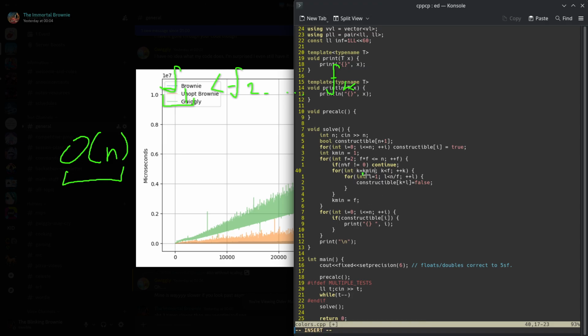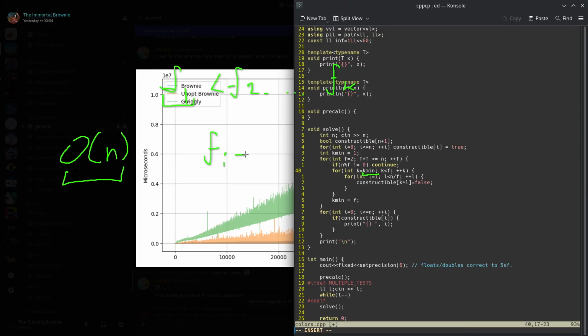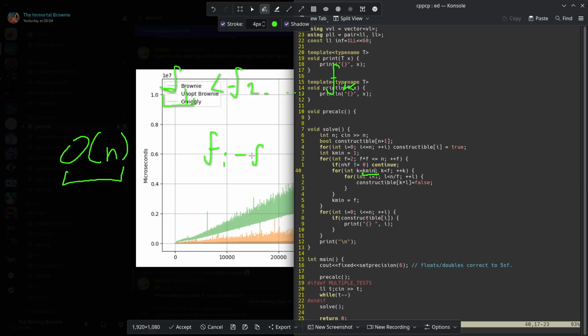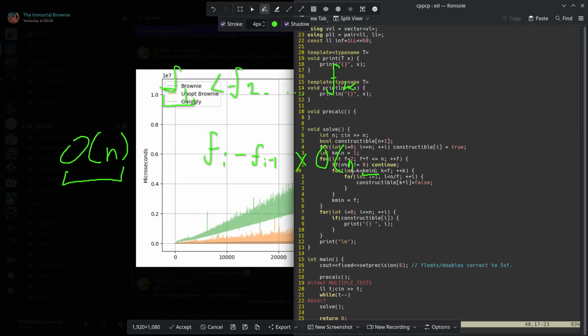They run from k-min, which is f of i minus 1. So for the divisor i, it takes f of i minus f of i minus 1 times O of n over fi, or let's just say n over fi.